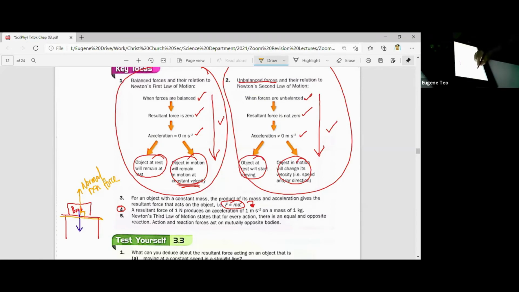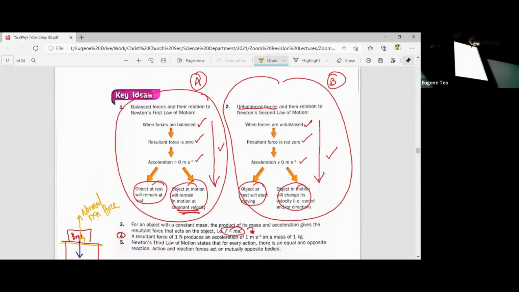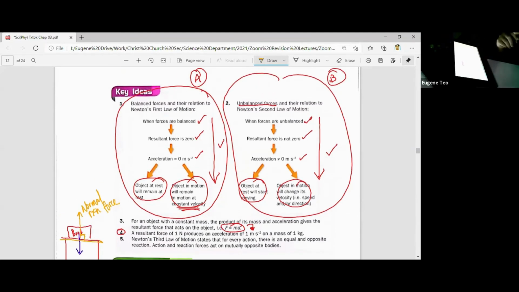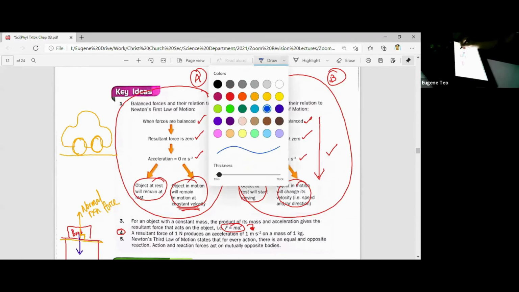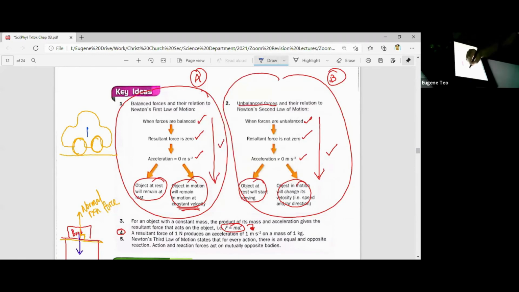I want to go through a little bit more about this normal reaction force thing. Okay, I give another example. I have a car. The 2 wheels are here. Okay, it is stationary. Let me draw my wheel properly. The car exerts a downward force, which is actually the weight.